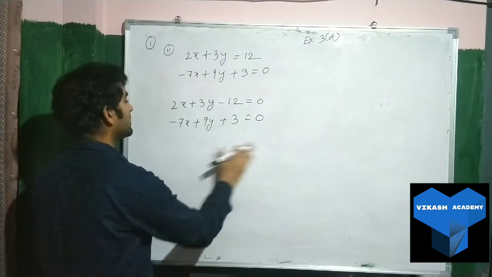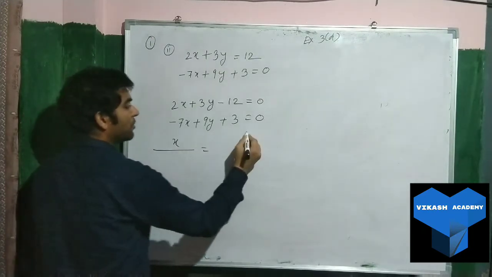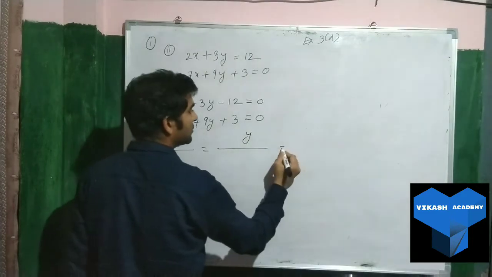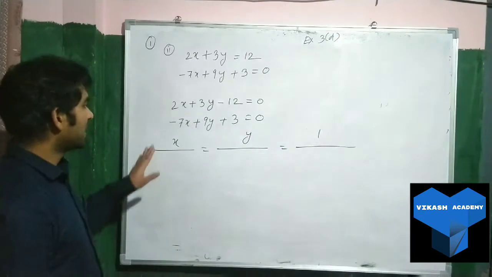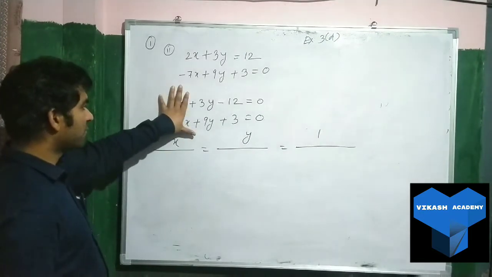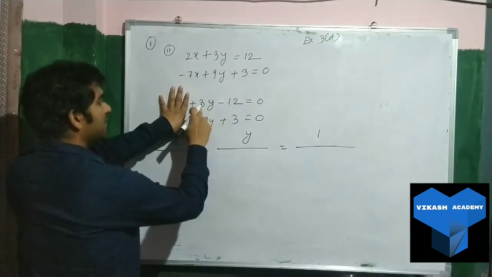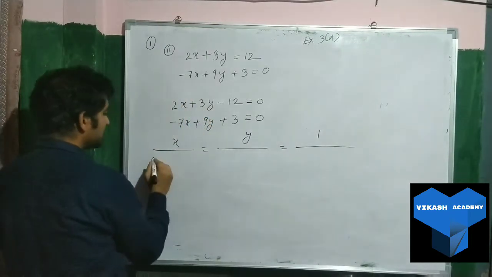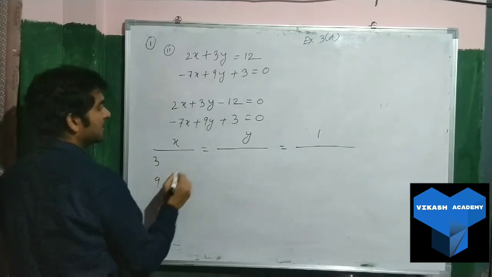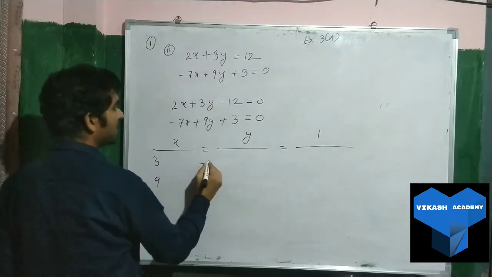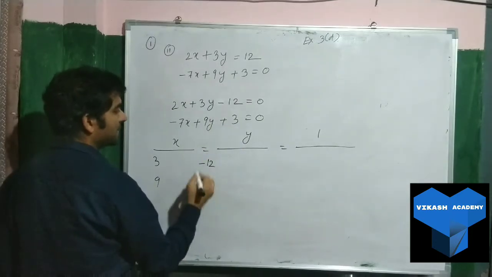Next, here you will be writing x, then y, and next it will be 1 by something. For the first value x1, you will cover this and take the coefficients of y here, b1 b2. So b1 is 3 and b2 you have 9. Then minus 12, and you will have c1 c2, write down here 3.